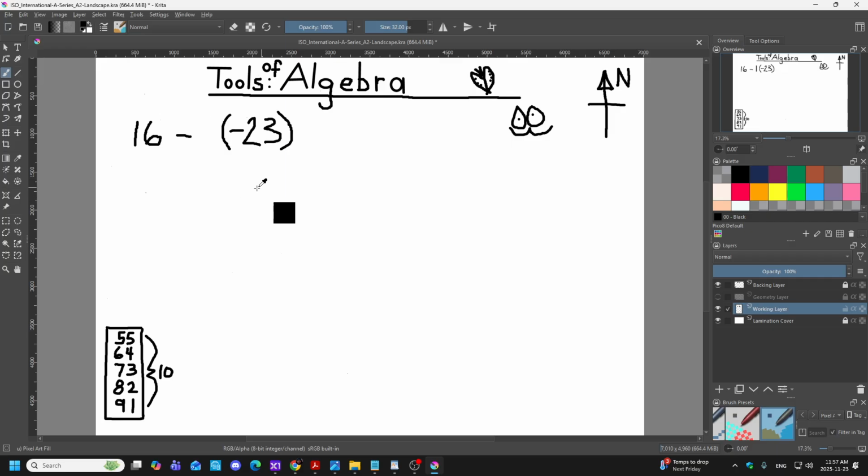So it may look to most people like we have a negative and a negative, so what is happening here? What is actually happening here is a multiplication step. So we're actually going -1 times -23. That's what's happening here. It's kind of a hidden multiplication step.